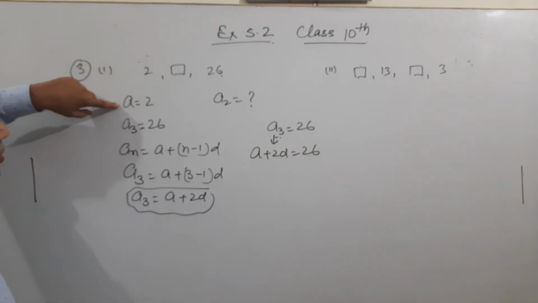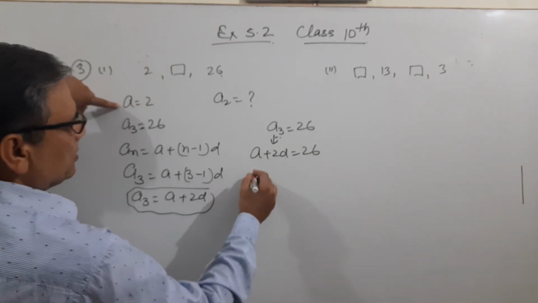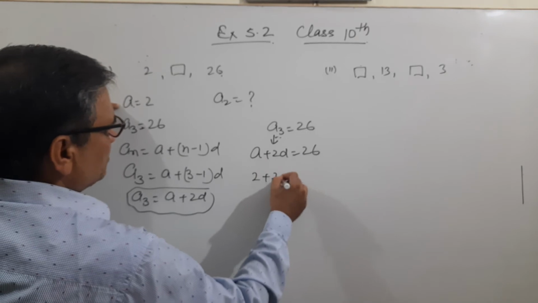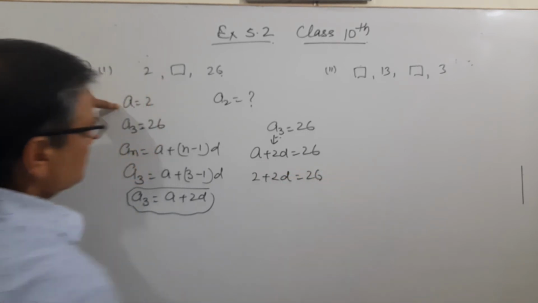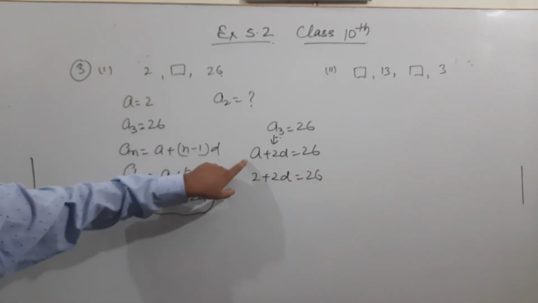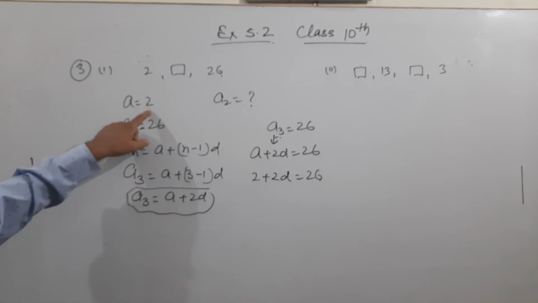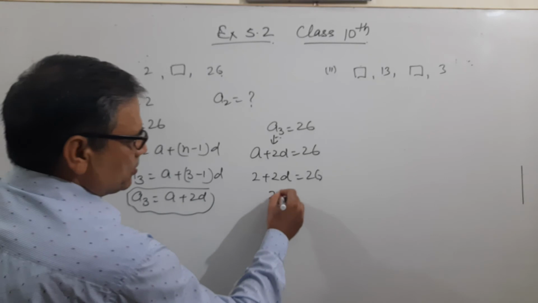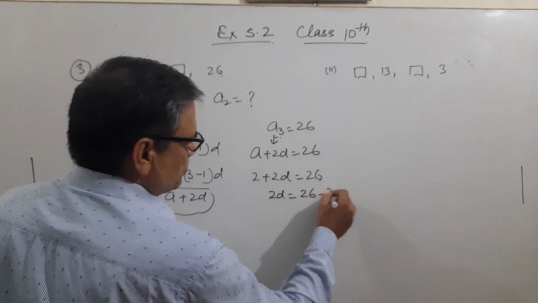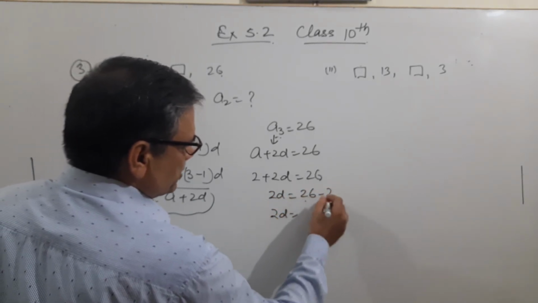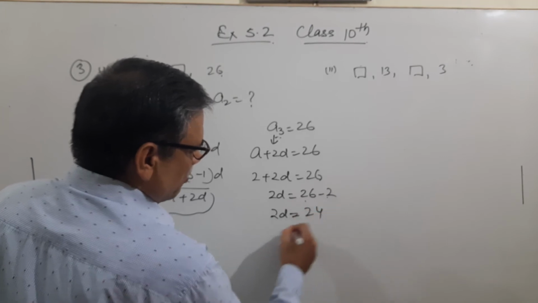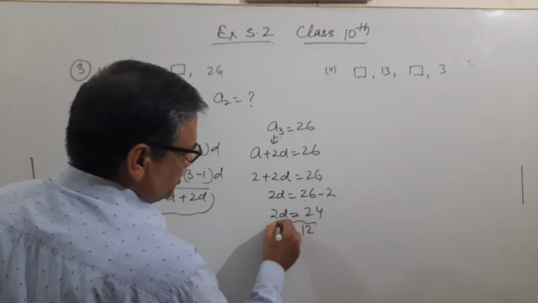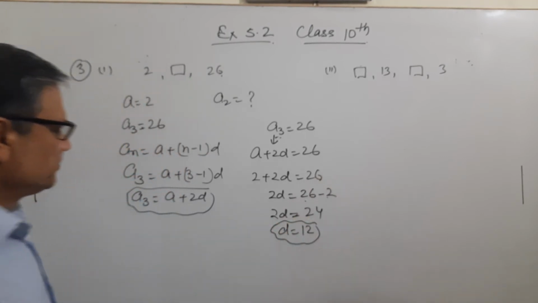Now put the value of A, which is 2: 2 plus 2 into D is equal to 26. So 2D is equal to 26 minus 2, that will be 24. D is equal to 12.